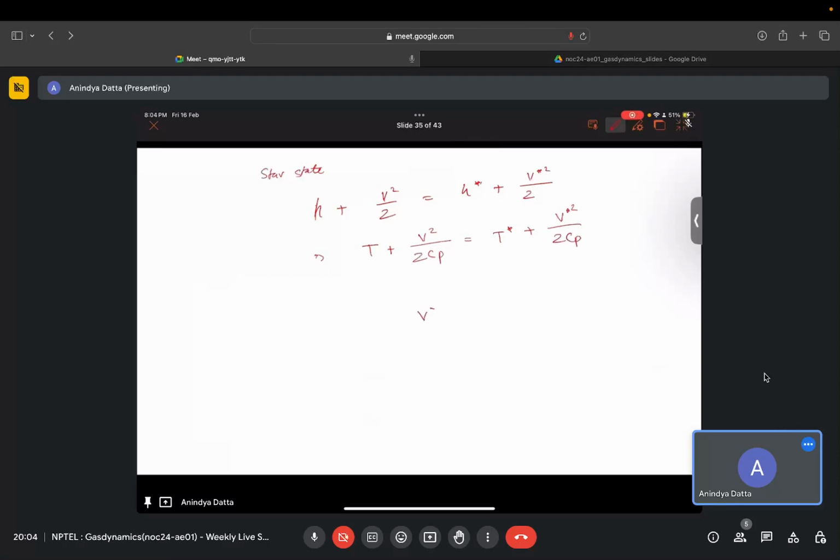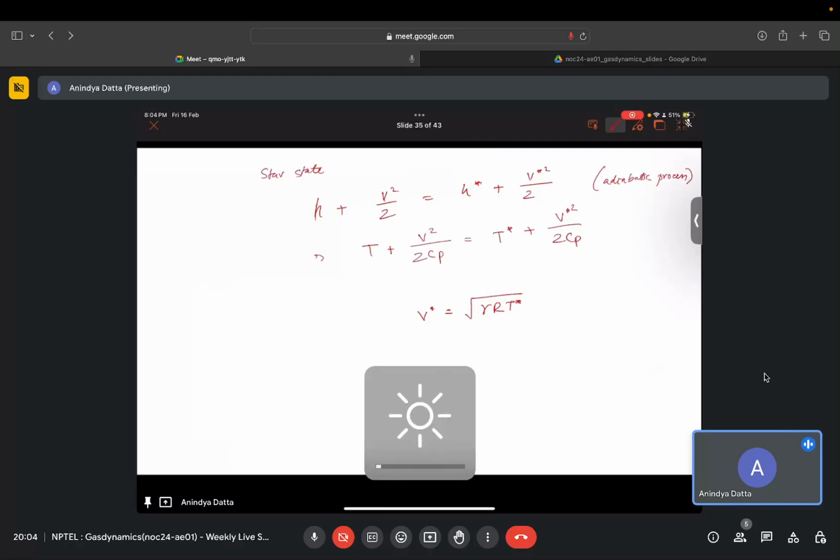Now, V star, this is an adiabatic process, right? Because there is no heat transfer happening. So V star we know is given by the square root of gamma R T star.